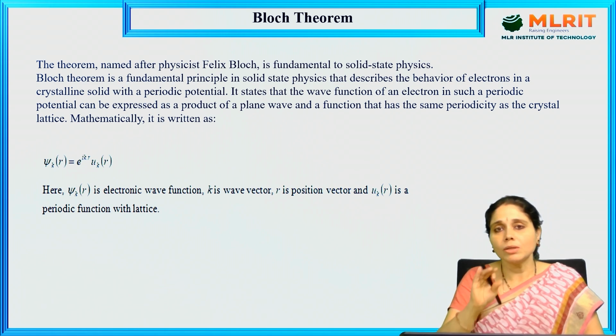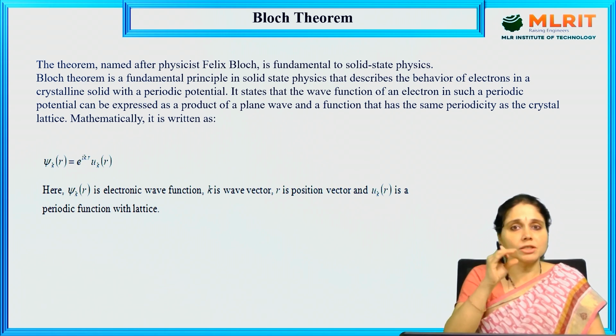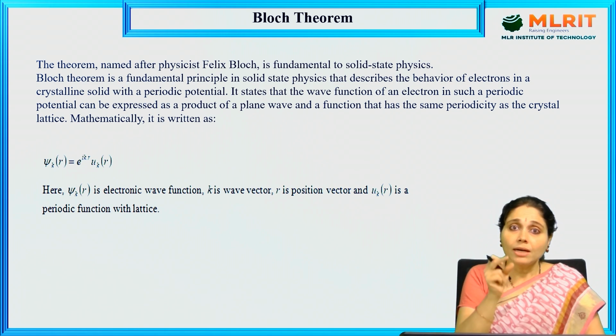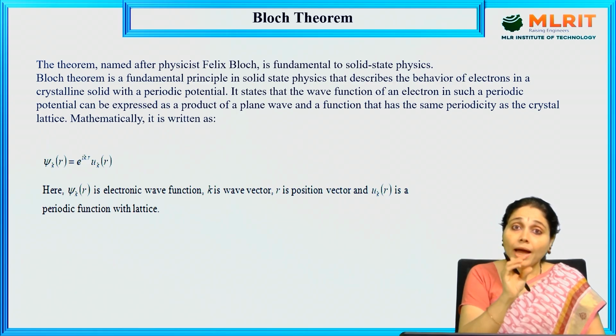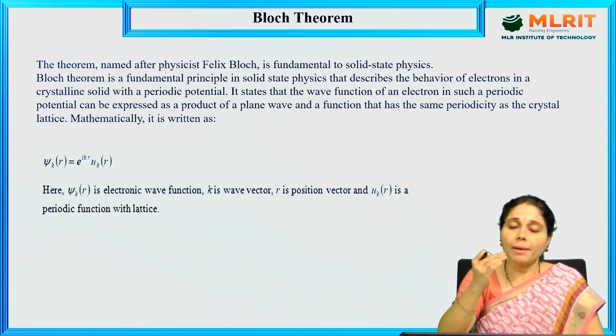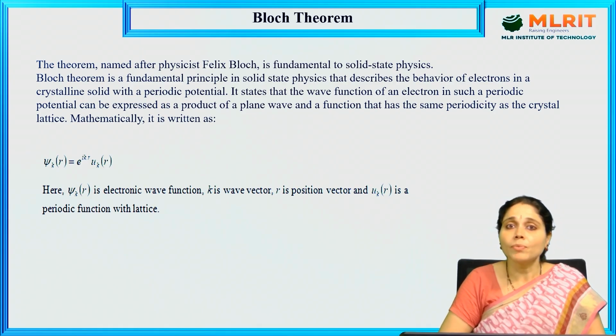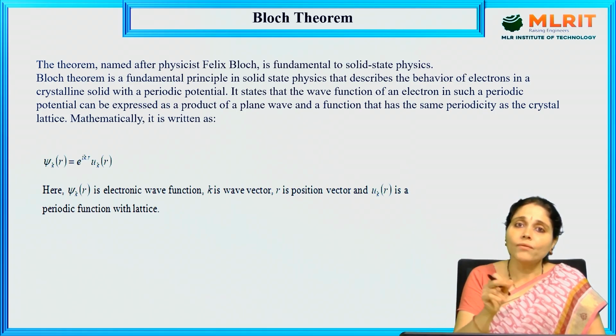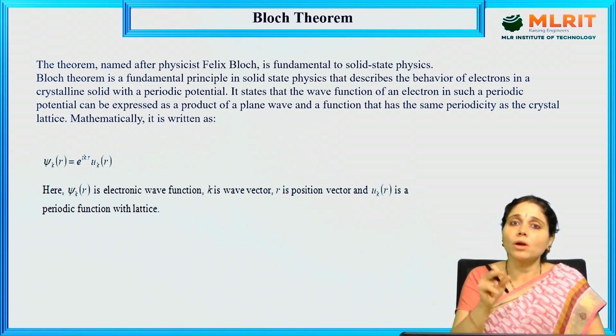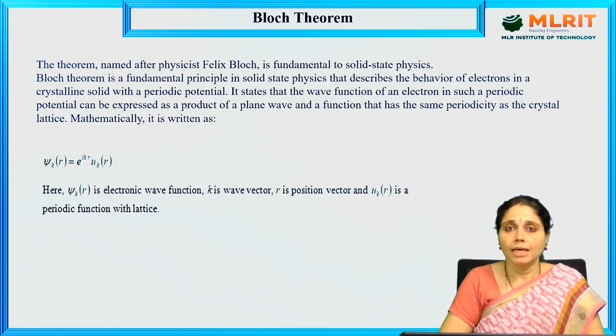These are the basic things that you know for an atom. And we are also explaining what we can see in a crystal. We have already learned what a crystal is: a regular repetition of a unit cell. So today we are going to learn how the electron behaves in a crystal. This is given by Bloch.